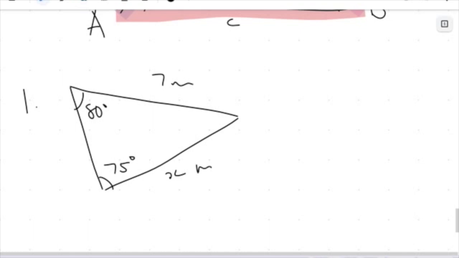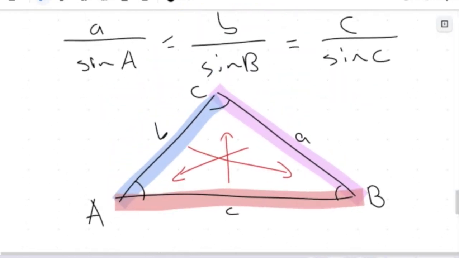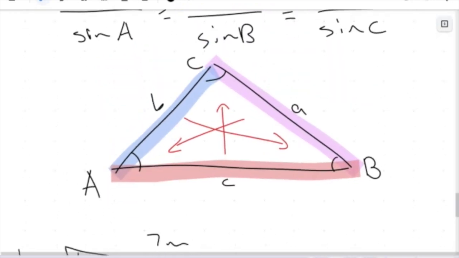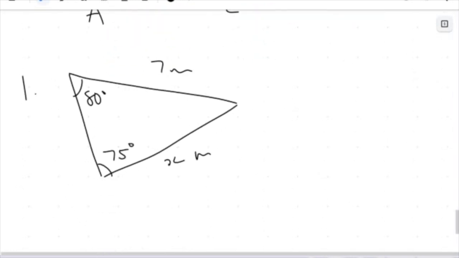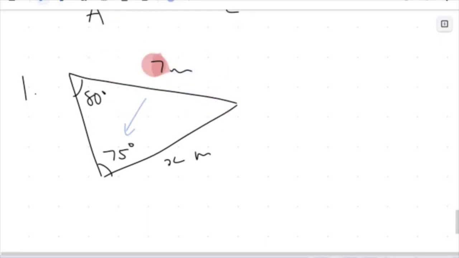To set up our sine rule, we want to identify the sides we have and the angles opposite them. So I've got a side of 7, and an opposite angle to that here. And I have another side here, and an opposite angle to it here.